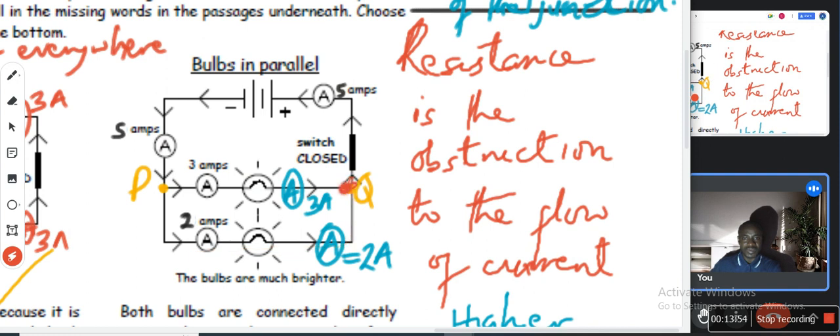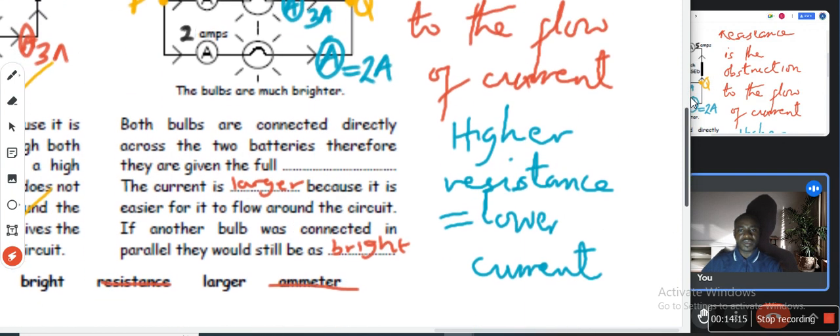They meet up again and become 5, and the journey continues. Does it make sense? Okay. That's about that.